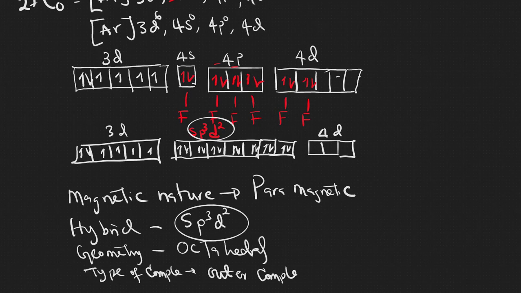Because these electrons did not go into the 3d orbitals. This 3d, we can say, holds the pure metal electrons. If the fluorine had paired into this, it would have been an inner complex, but because these orbitals are still occupied by the electrons of the metal, it is going to be an outer complex.